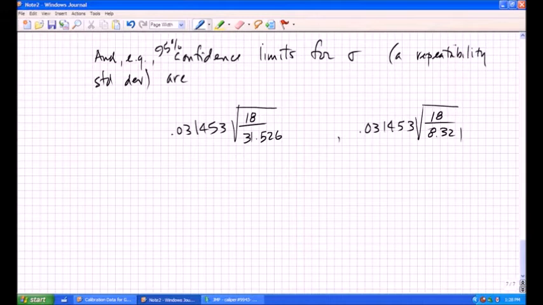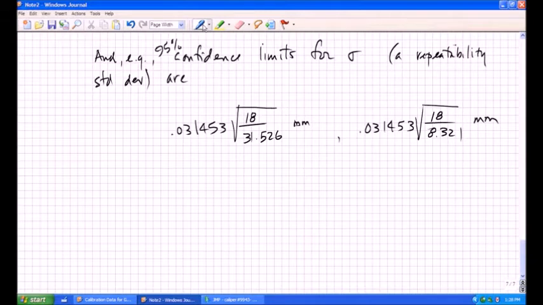These are in units of millimeters. So if one were to ask the question, how repeatable is this digital caliper, those are reasonable limits to use to describe that.